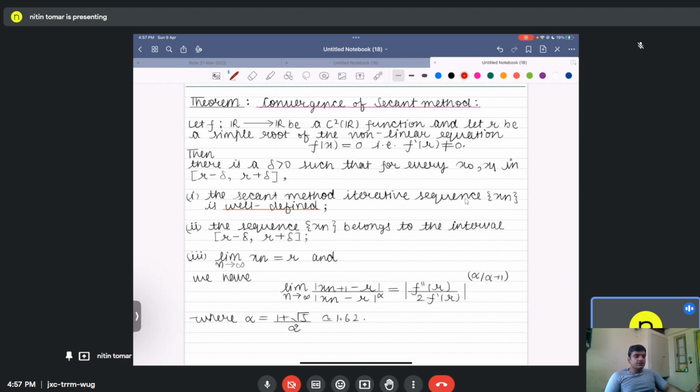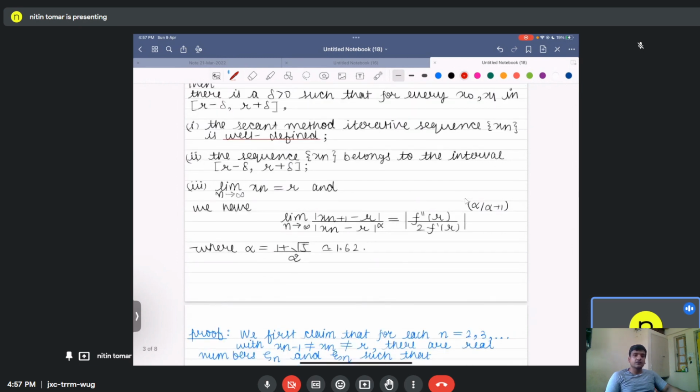So for this particular class of function, we have a very good convergence in the secant method, and it is approximately equal to 1.62, which is more than 1 and less than 2. So the secant method is not quadratic. Order of convergence of secant method is not quadratic.